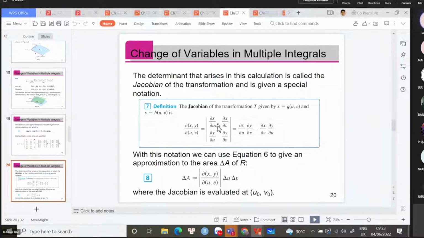Here is the Jacobian: dx/du, dx/dv, dy/du, dy/dv. So look here.